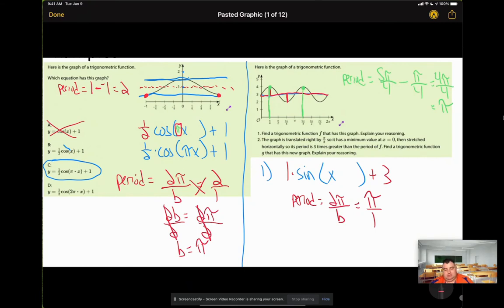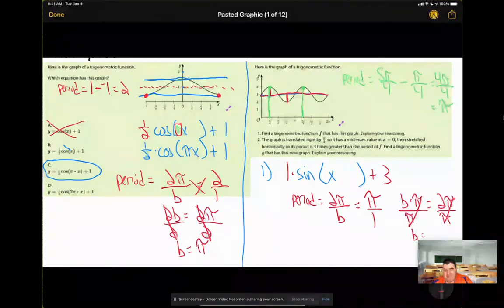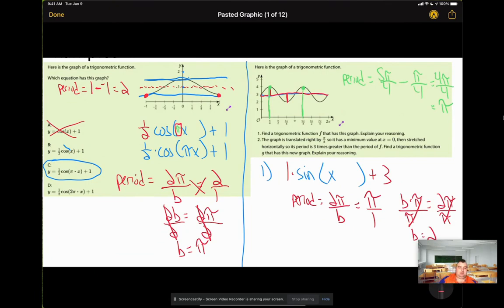So I'll cross multiply, and I'll get b times pi equals 2 pi times 1. And to solve for b, I would divide both sides by pi, and that cancels, and I would get a b value of 2, which means 2 is going to go right here.